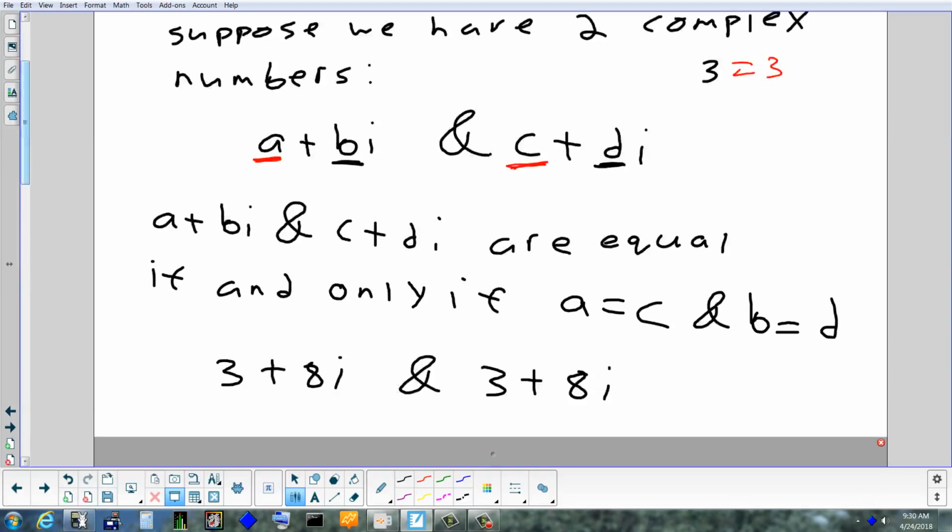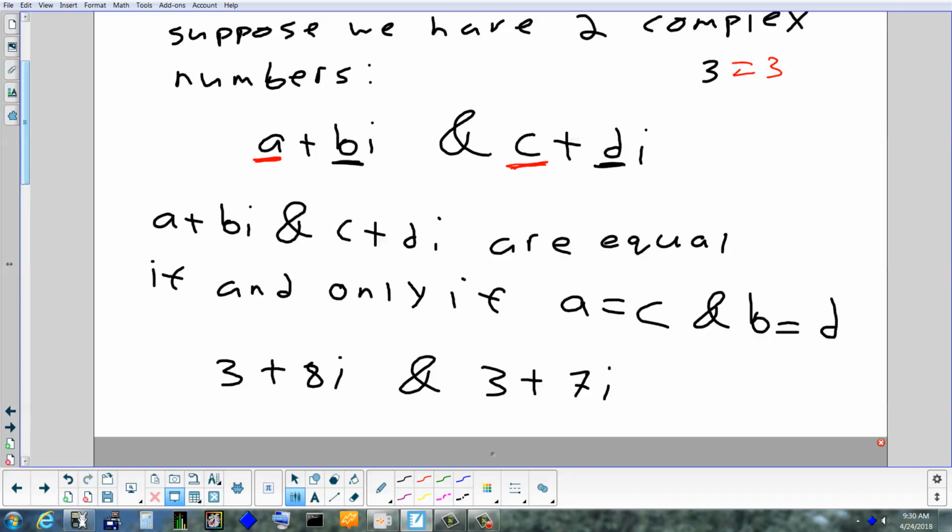So for example, 3 plus 8i and 3 plus 8i, those are equal. 3, real parts match. 8, imaginary parts match. Now, if I did something like that, and we check it, 3 matches 3, so the real parts match, but now the imaginary parts don't.